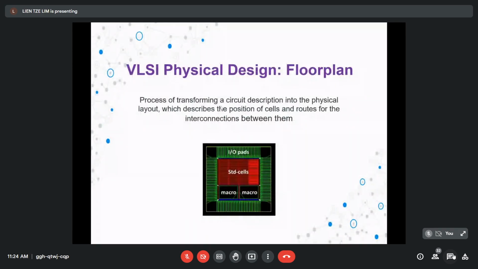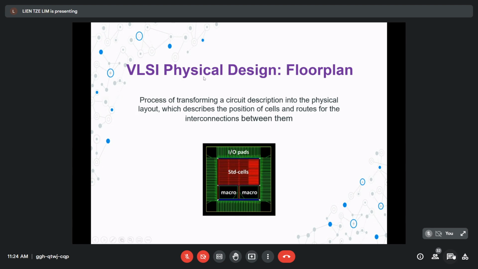So about floor plan, what is floor plan? As you see in this slide, floor plan is the process of transforming a circuit description into the physical layout, which describes the positions of cells and routes for the interconnections between them.